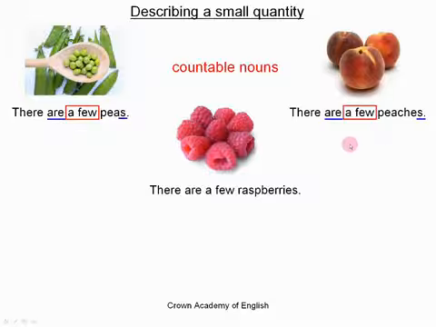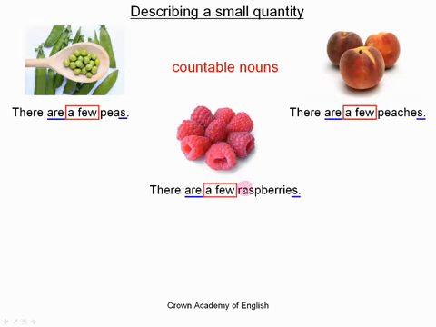And it is the same with peaches. There are a few peaches. It's a countable noun in the plural. So we add an S, or ES in fact, for peaches. And the verb is also in the plural form.